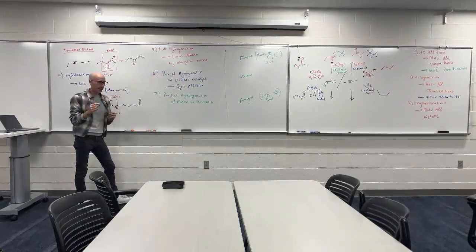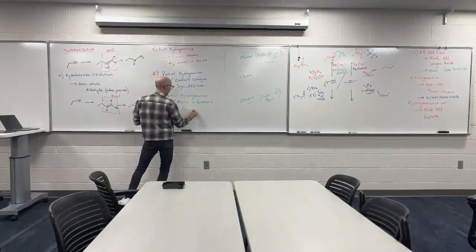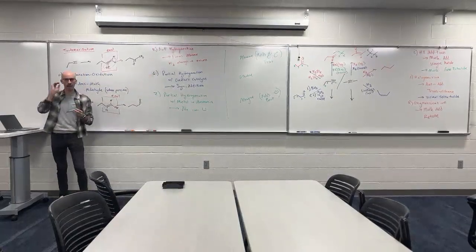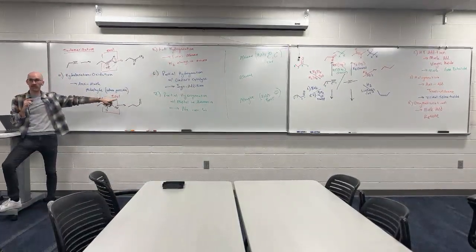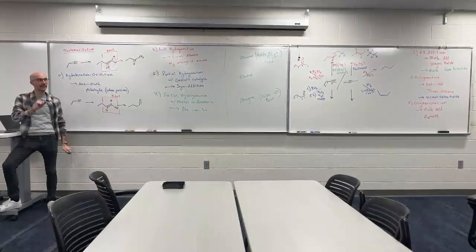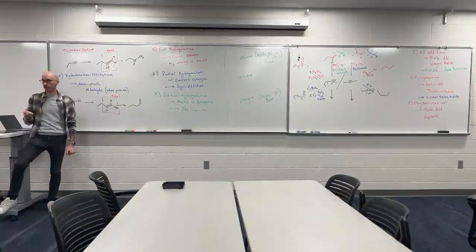The metal that we're using is either sodium or lithium. These are 1 electron elements. Notice that is not sodium ion. It's not lithium ion. That is elemental sodium, elemental lithium.